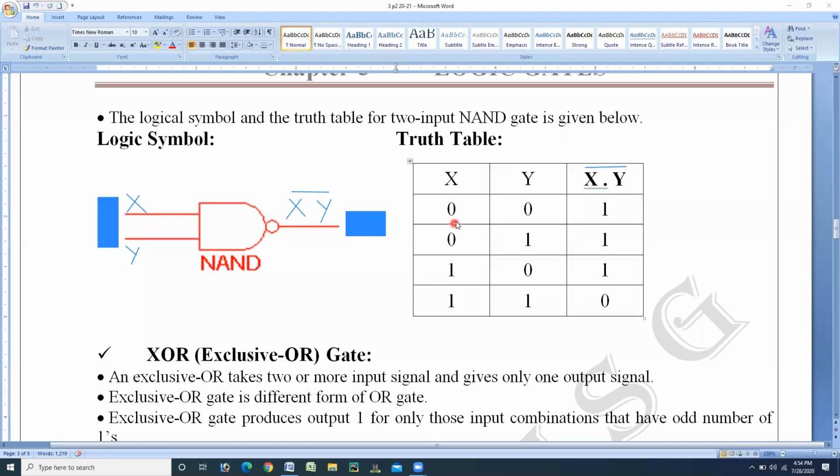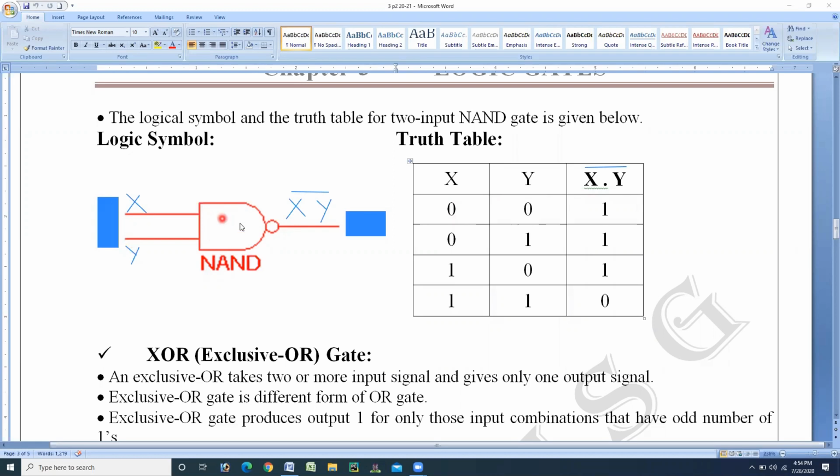See here, X and Y are the two inputs. So X is 0, Y is 0. Take it here. This is the AND gate first. What does the AND do? Logical multiplication, it means you get X dot Y. What is X dot Y? 0 dot 0 is 0, by the postulates we learned.